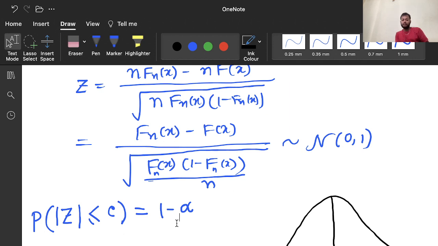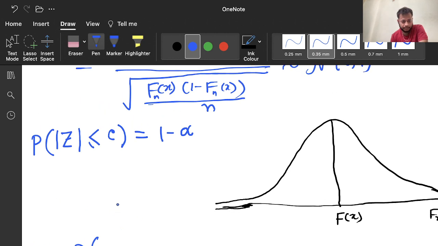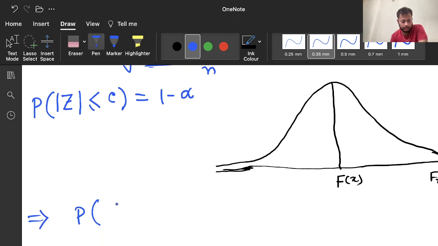So we want to find a value of c for which Fn(x) remains in the region such that the probability of mod Z less than c is 1 minus alpha, which is nothing but that the probability that mod Z is greater than c is alpha.